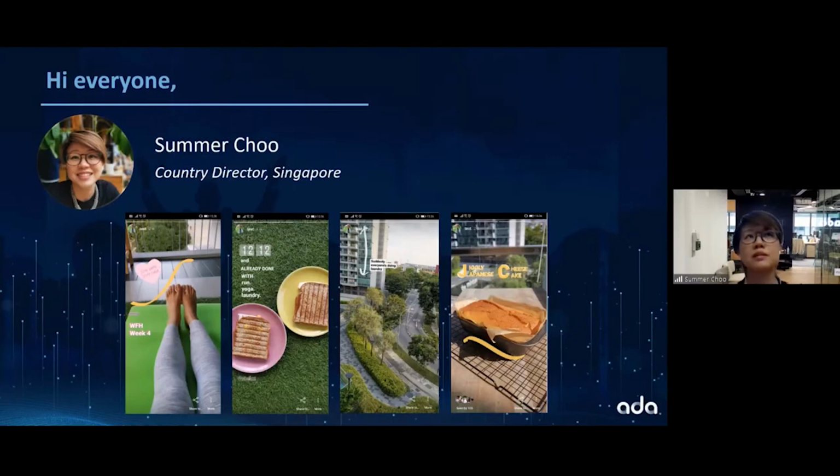A lot of brands, a lot of companies out there are saying, oh, people are going to change a lot post-COVID. Consumer behavior is going to change drastically. Is it going to be permanent? There's a lot of predictions being made at this point in time. What I want to say is consumers are creatures of habit. Behavior may change a little bit due to varying circumstances, but it may not change drastically.